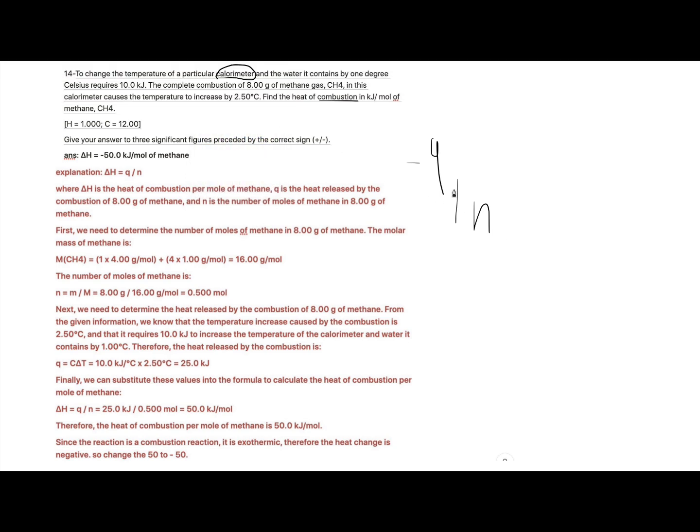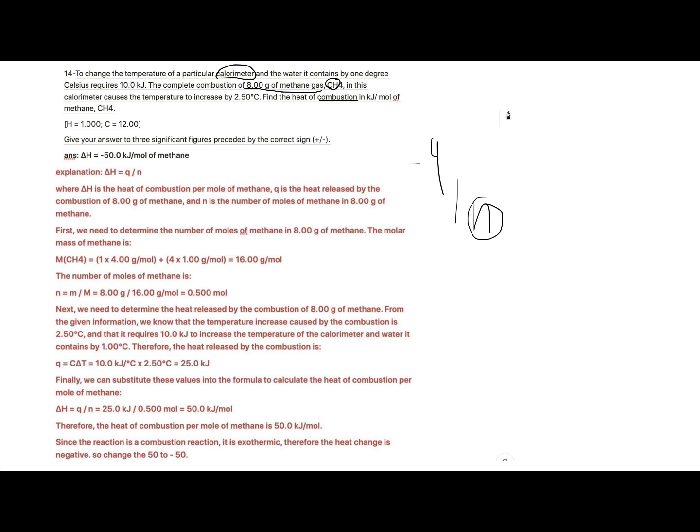So first we have to find the number of moles, right? They're given the complete combustion of 8 grams of methane gas. So we do mass over molar mass, or we do cross multiplication, whatever you see fit. The molar mass of methane is 12 plus 4, which is just 16.